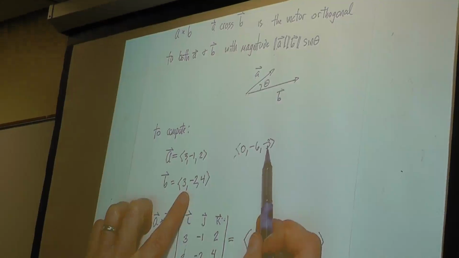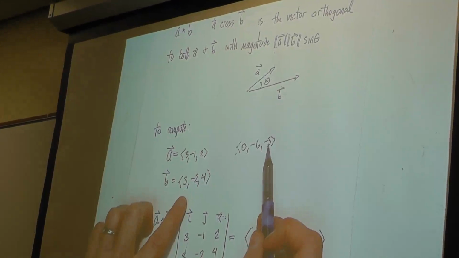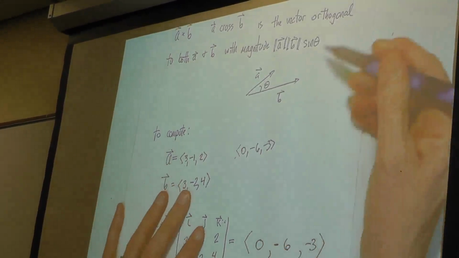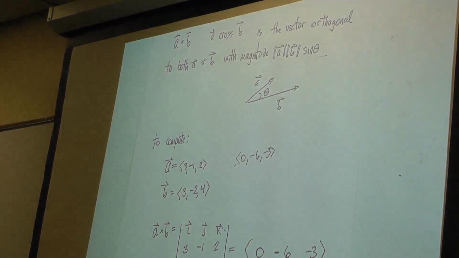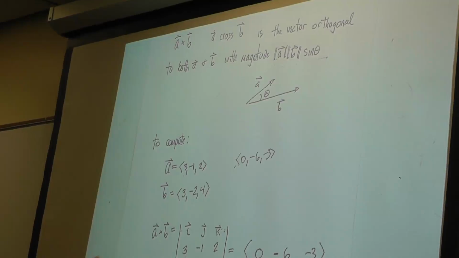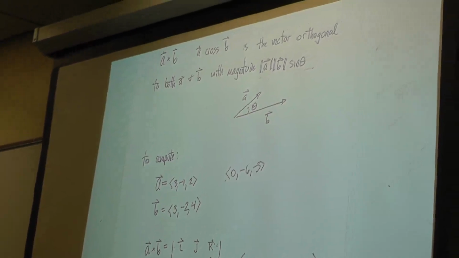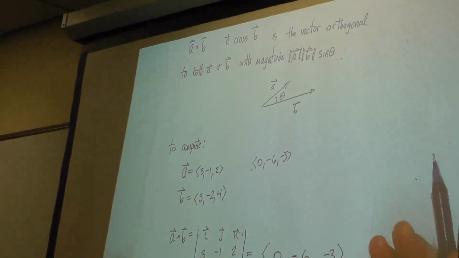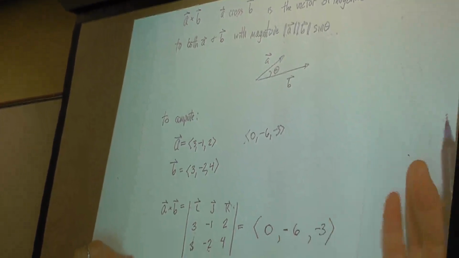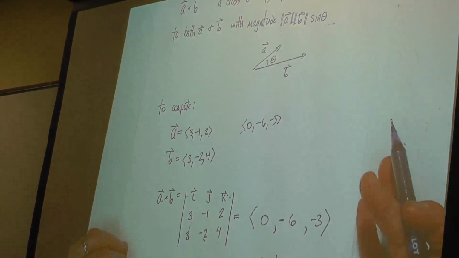It's orthogonal. I'm not checking its magnitude, but this would be its magnitude. Of course, I don't know what theta is, and that's why I don't particularly feel like finding theta and then checking. But you guys get the idea here.